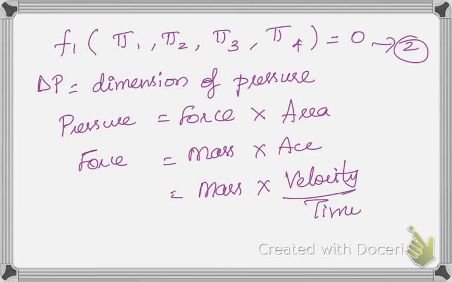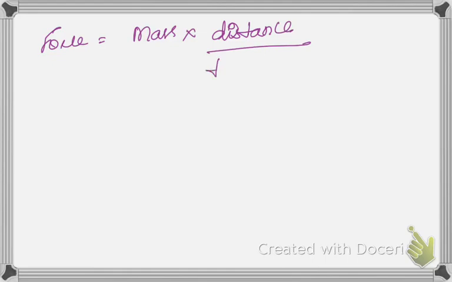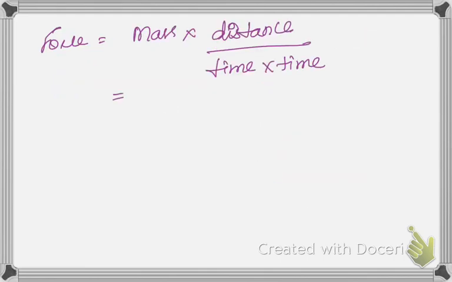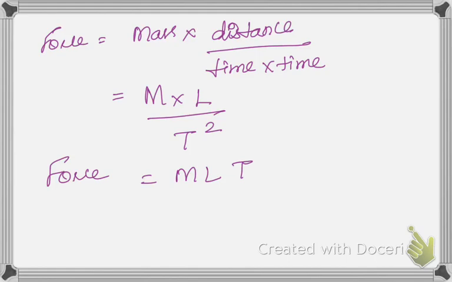What is velocity? Distance by time. So already I have one more time, that is here you can see time. So dimension will become M into distance L divided by t square. So for force the dimension is M L t power minus 2, and for area it is L square.